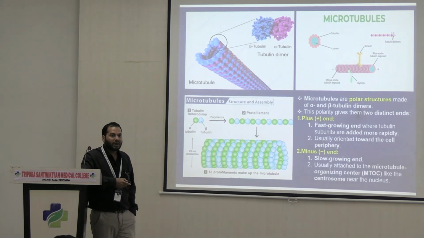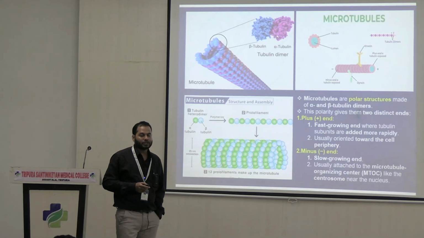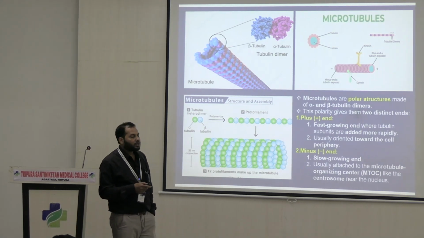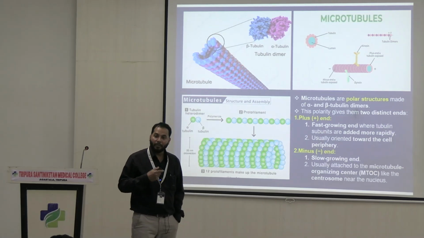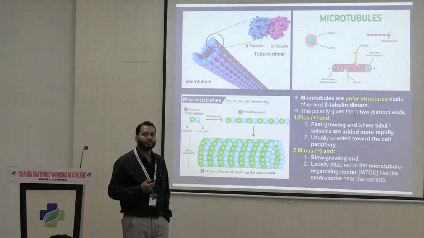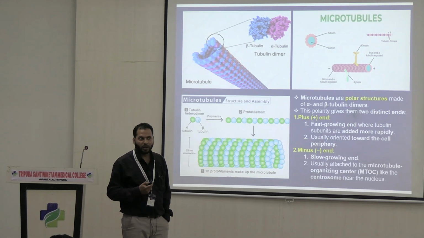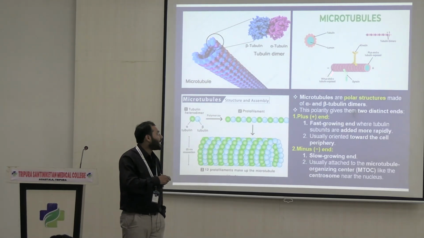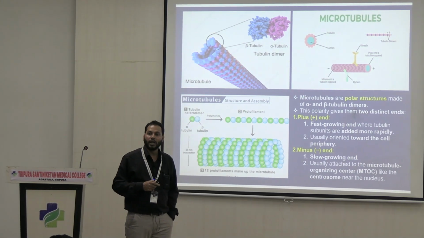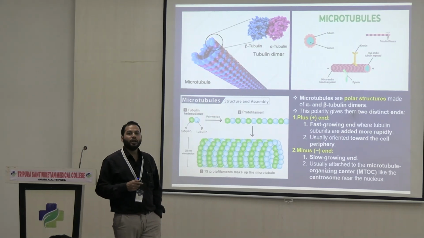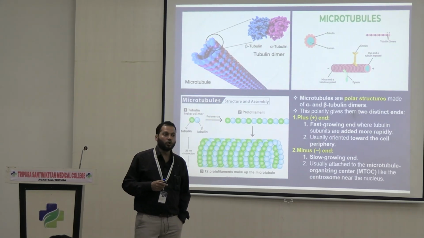Number two, the plus end indicates the growth of the microtubules towards the periphery of the cell, whereas the minus end indicates the origin of the microtubules, like the microtubule organizing center that is located in the centrosome.